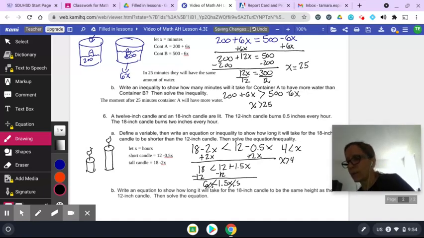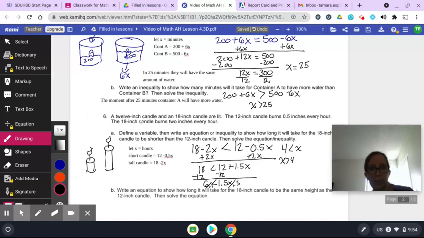So the moment after 4 hours has passed, but it asked, how long will it take? So it will take 4 hours, or we can say, do we have time? No. The moment after 4 hours.